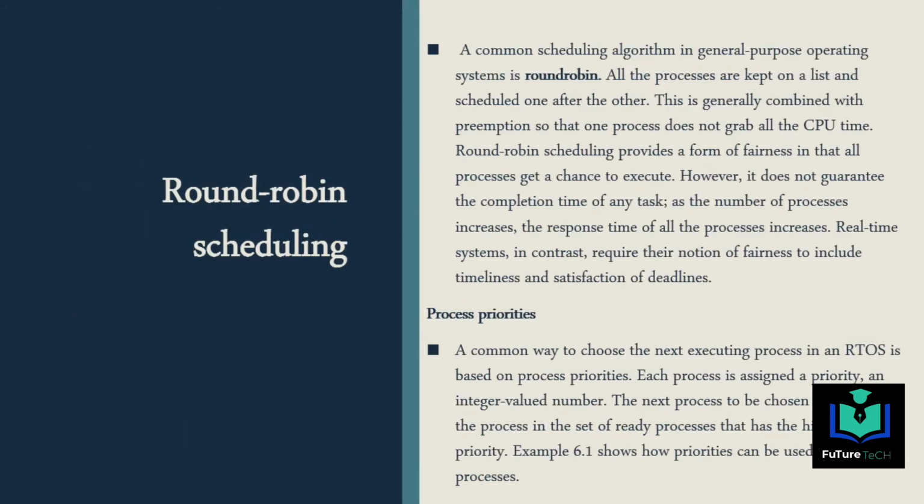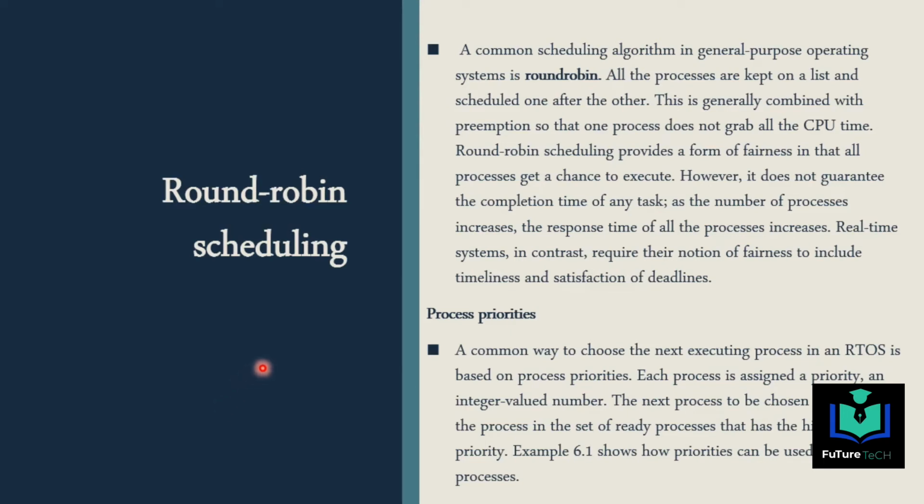One type of priority based scheduling is round robin scheduling. A common scheduling algorithm in general purpose operating systems is called the round robin scheduling algorithm. All the processes are kept on a list or a database and scheduled one after another.